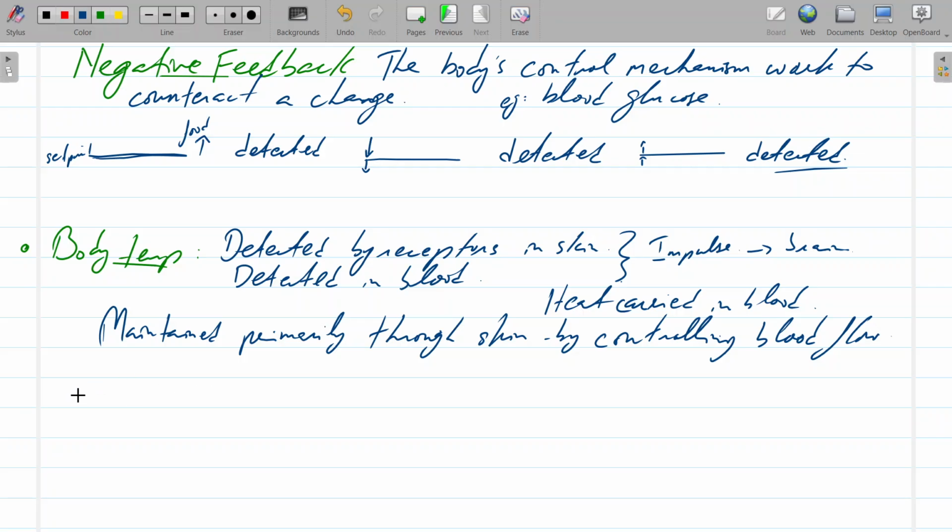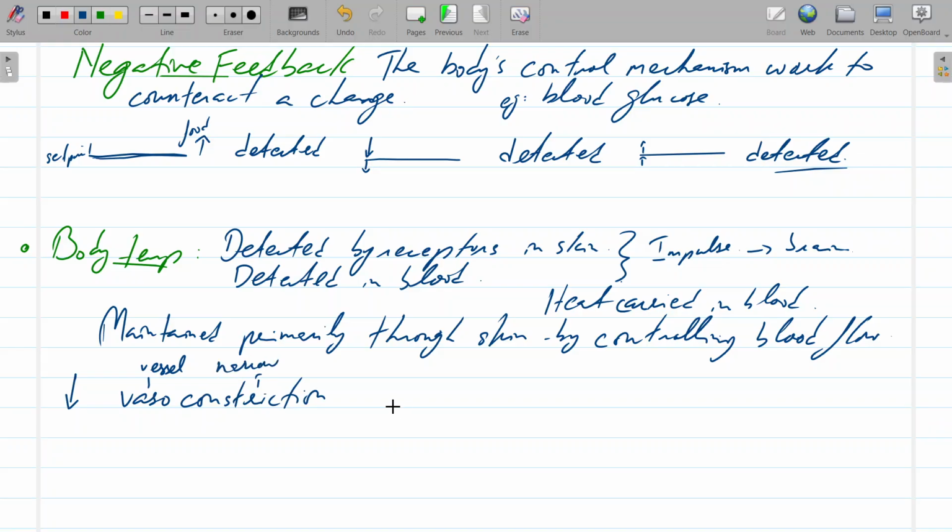So if the body temperature falls, then what happens is called vasoconstriction, which means vessel constriction, which means becoming narrow.